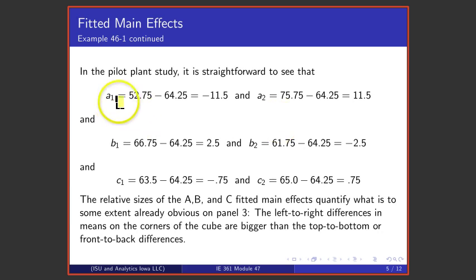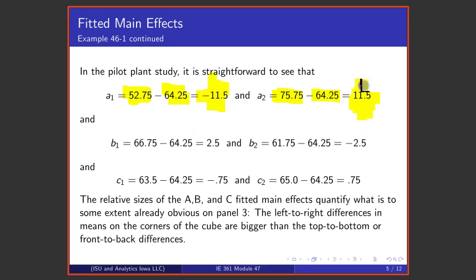So you can see, if you go back to that cube, that the left face average is 52.75, the grand average is 64.25, that difference is minus 11.5, the right face average is 75.75 minus the grand average is positive 11.5, that is, this guy and this guy total to 0.